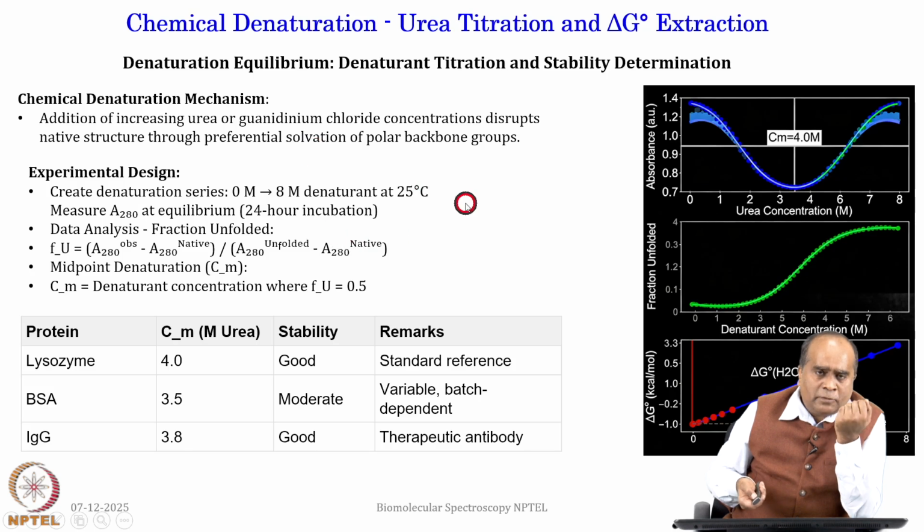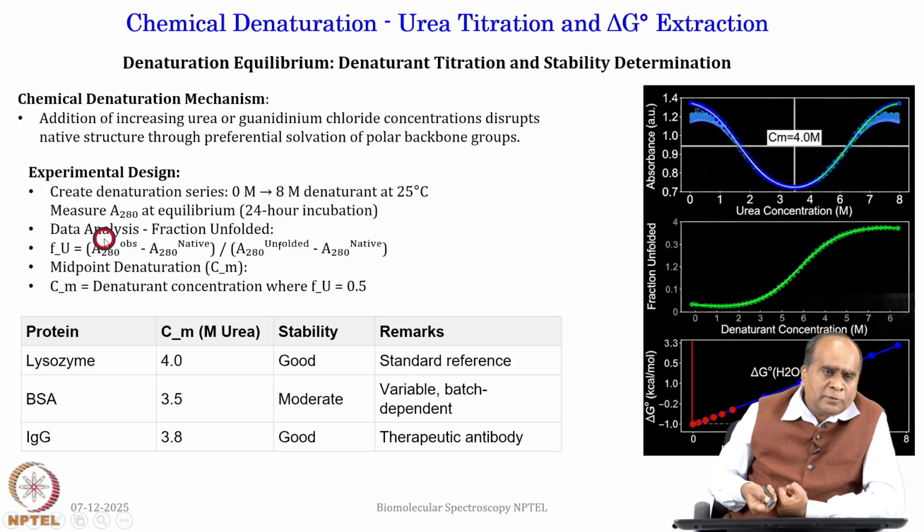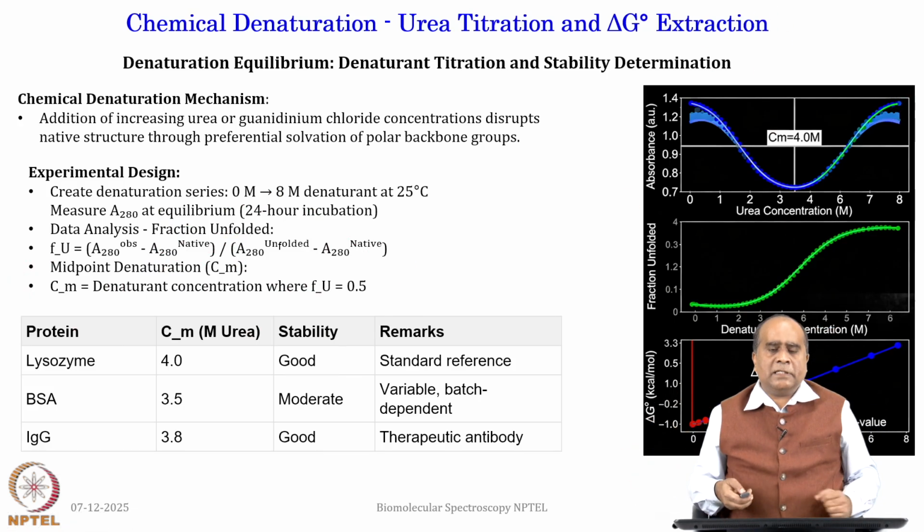We added an equal amount of protein to each, incubated for 24 hours, measured the absorption, and from there we calculate the fraction unfolded by this formula: absorption at any concentration at 280 minus absorption at 280 in native condition, divided by absorption at the unfolded state minus absorption at native. That gives this Cm, the midpoint, where 50% is in the folded state and 50% is in the unfolded state.